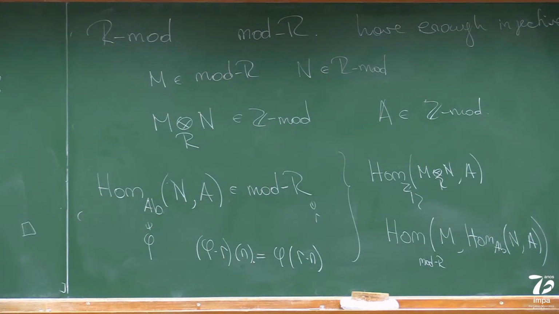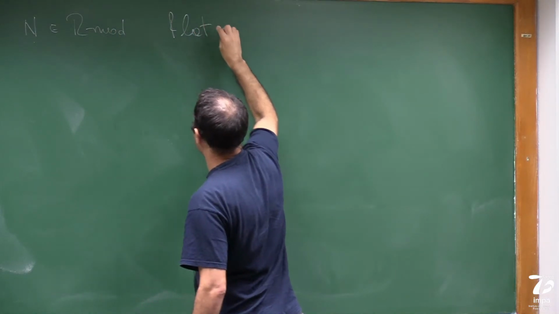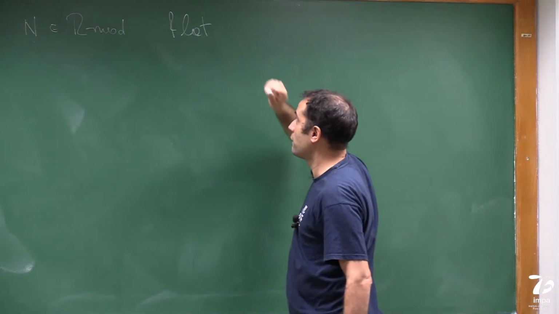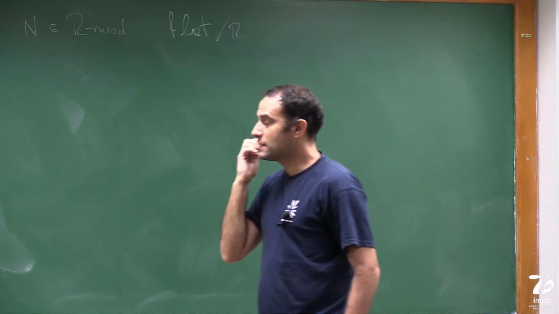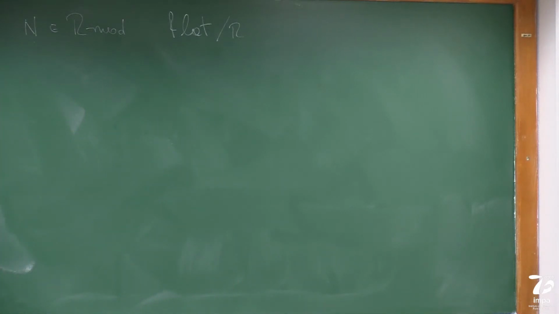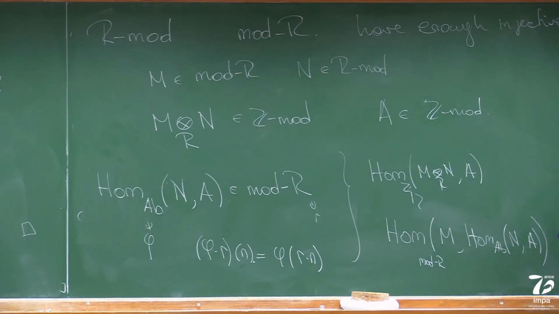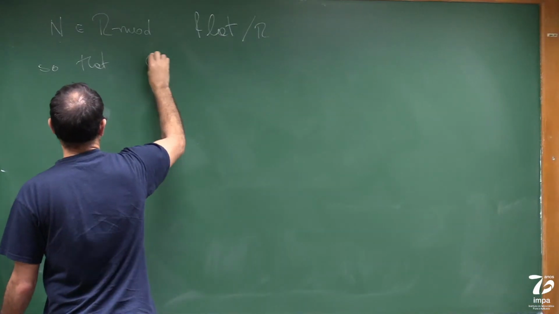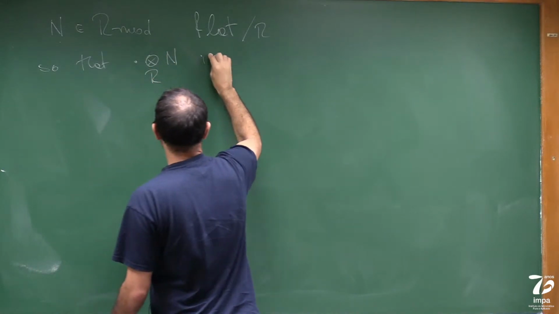But the whole point is that I want it to be flat, which is flat as an R module. So flat over R. In that case, this functor, tensoring by N, is exact.